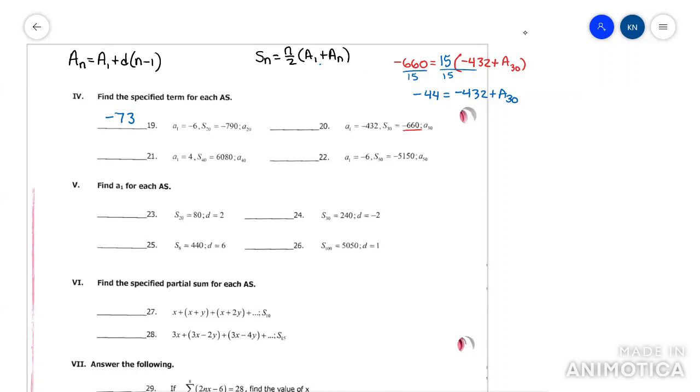Then you can just add 432 and you'll get 388. So that's how you do those problems. They're not that bad. The bad ones are the ones coming up.